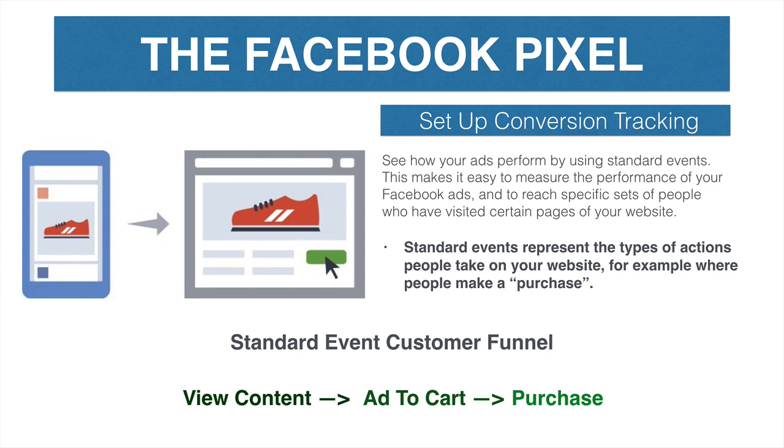Here's the best way to explain it. We'll use a car lot as an example. You've got 3 types of people that walk on the car lot every day, okay? And you'll easily see where these people fall in the standard event customer funnel, okay? So you've got the first tier of people that walk on a car lot, and those are people that are just browsing.